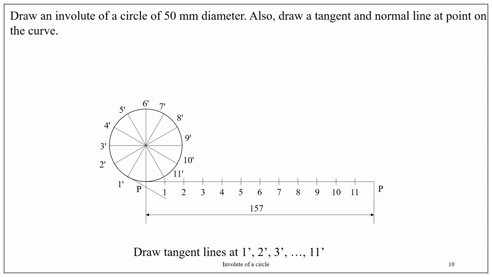Similarly, for each increment in angle 60, 90, 120, 150, 180, point P will take a position on the corresponding tangential line through those points. Therefore, we need to draw tangent lines through points 2 dash, 3 dash, 4 dash, 5 dash, 6 dash, etc. We may follow a similar procedure we discussed right now to draw these tangential lines.